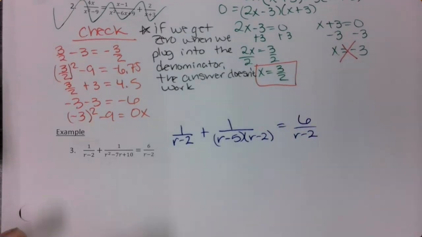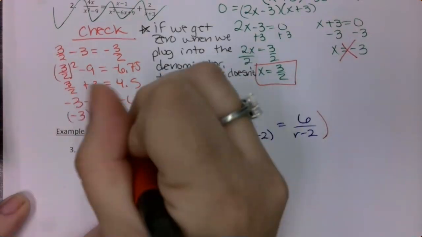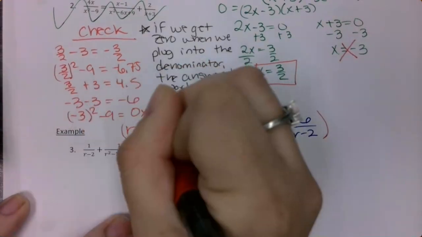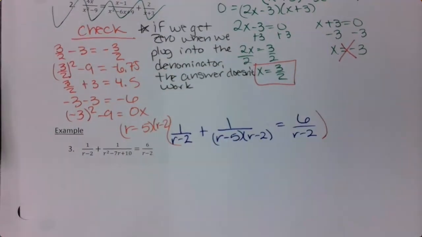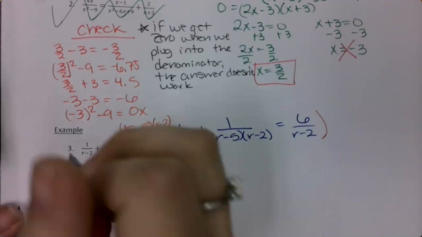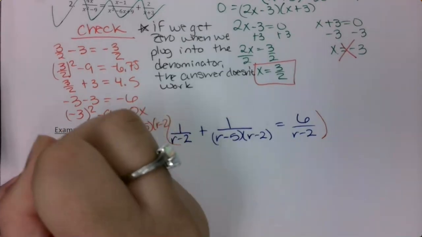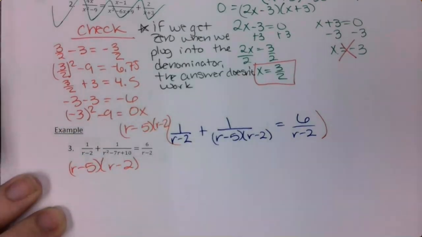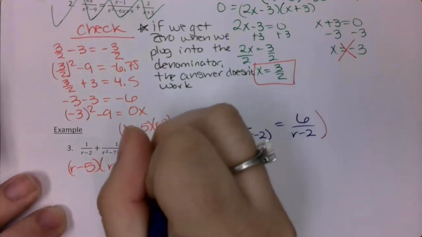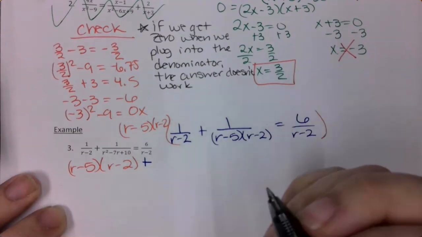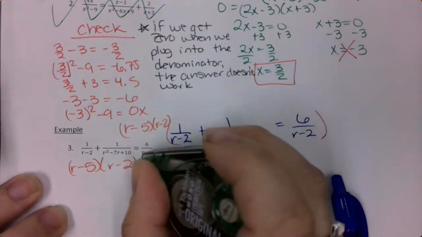So then what do I want to multiply these by? Okay. So then I am going to rewrite this out.